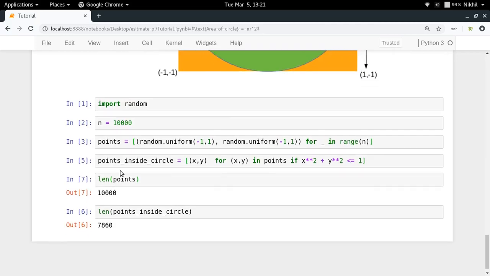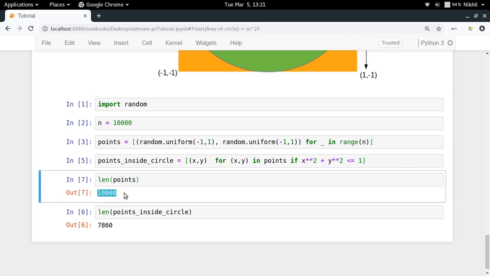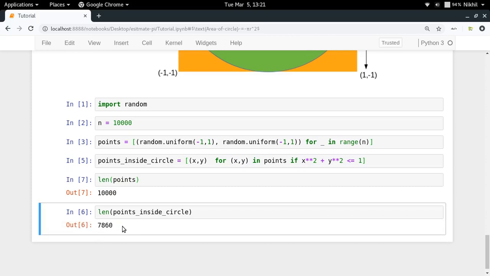The total number of darts that I threw was 10,000. The darts inside the circle is 7,860, and the final value of pi is 4 times length of points inside circle divided by total number of points. That's it, and look at that, I get a value 3.144. So this is a nice estimation of the value of pi that I am getting, right?